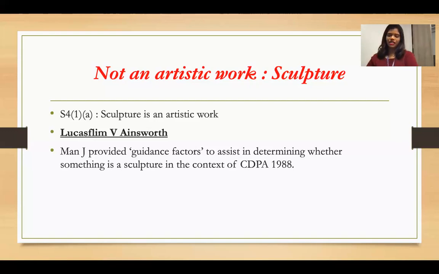Again, claimants will always love to prove copyright first, purely because you have a longer term of protection. So in any problem question, it is important to show that the design falls within sculpture.